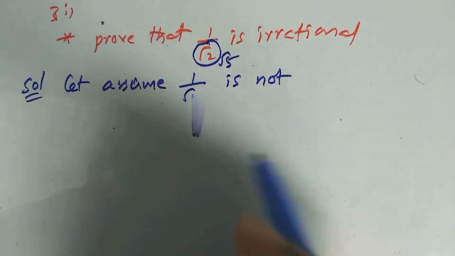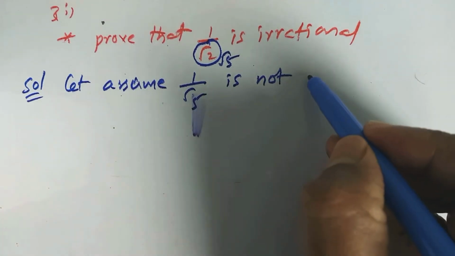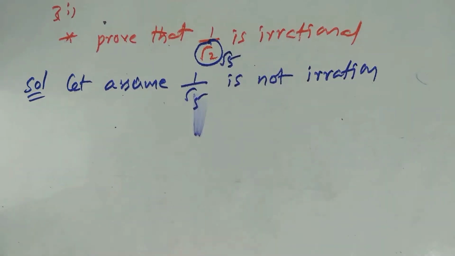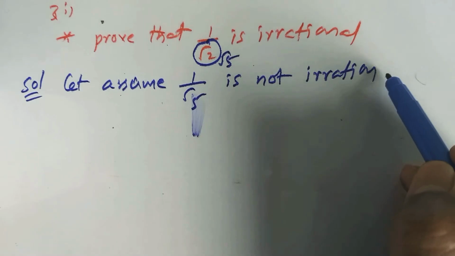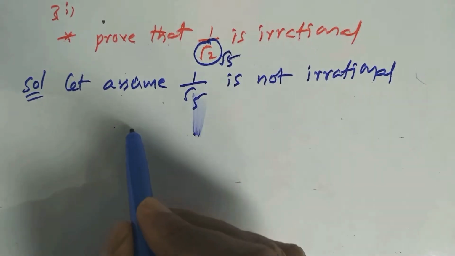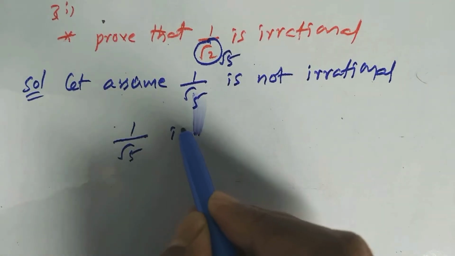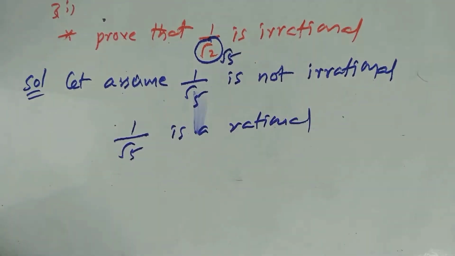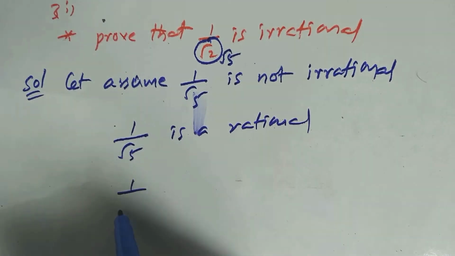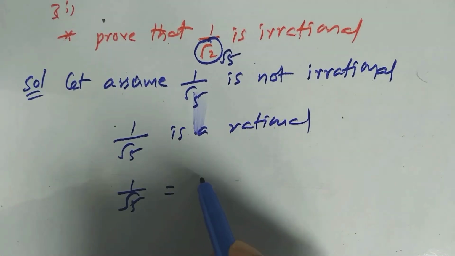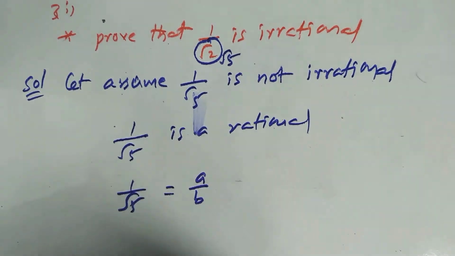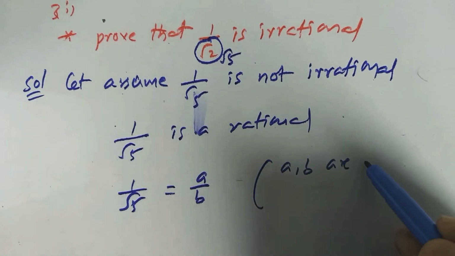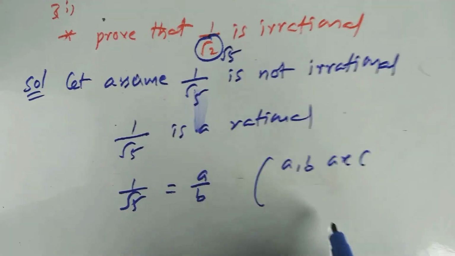It is just a number change; after that I will tell the root 2. Assume 1 by root 5 is not irrational. Then we can write 1 by root 5 in p by q form, which I am taking as a by b, where a, b are co-prime.